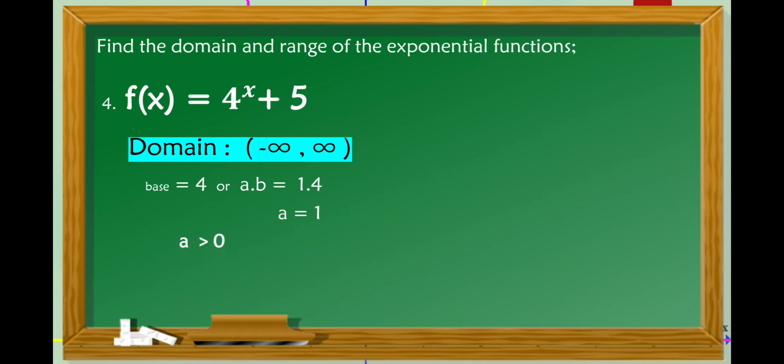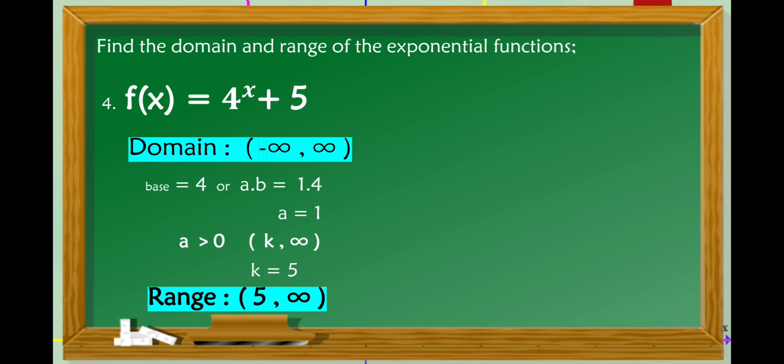So if a is greater than 0, the range will be k to positive infinity. And what is the value of k here? Since the given function is f of x is equal to 4 raised to x plus 5, therefore k is equal to 5. So the range now will be 5 up to positive infinity.